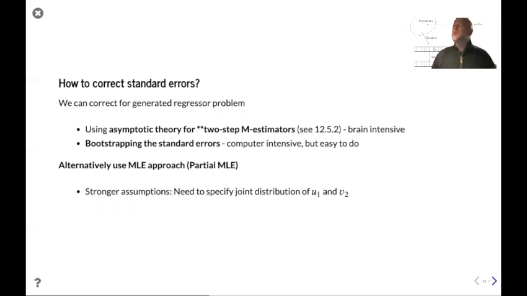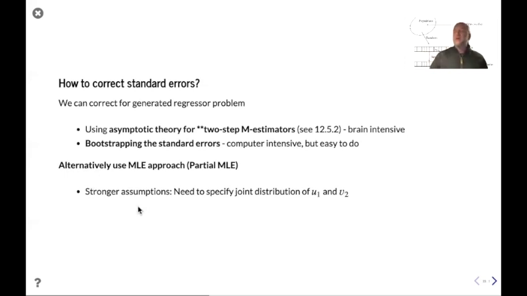Okay. Alternatively, we can do a maximum likelihood approach, which is going to be partial maximum likelihood, just like in the case where we did the probit. We're not specifying the full likelihood. And why can we do it in this case? Well, because we cannot really observe what is going on in the non-selected sample for the outcome of interest. So we're going to do partial maximum likelihood in this case.